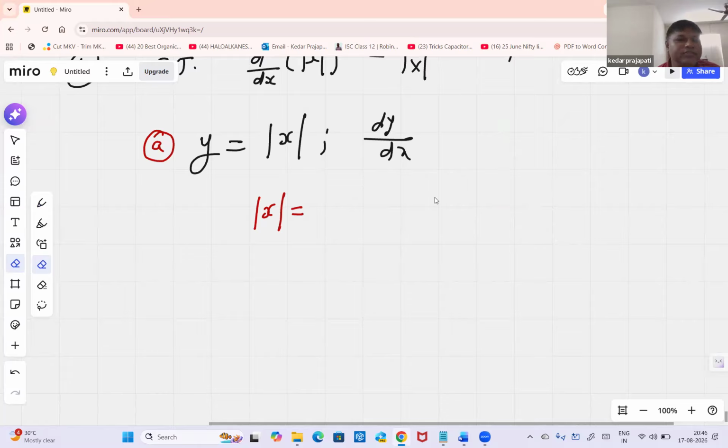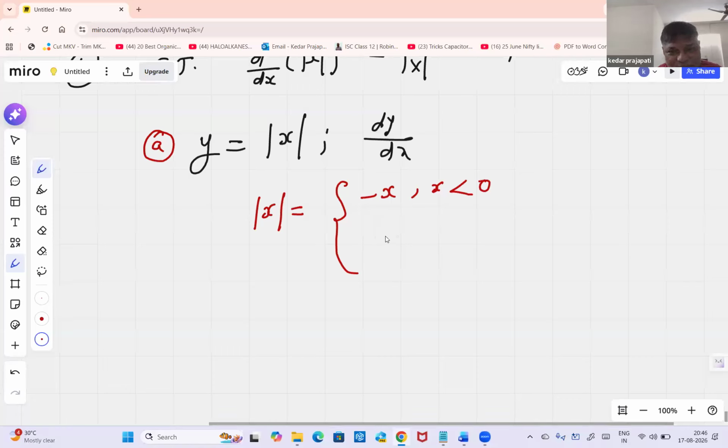In many differentiation and integration problems this comes. You can write it like this: mod x equal to minus x, given x is less than 0, and it is plus x, given x is greater than 0.